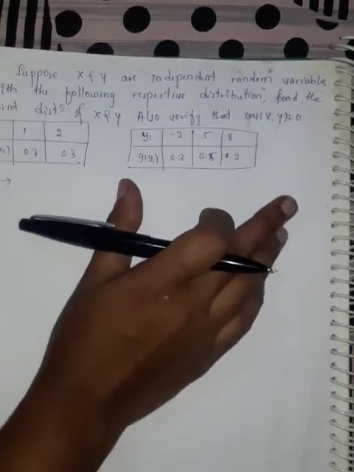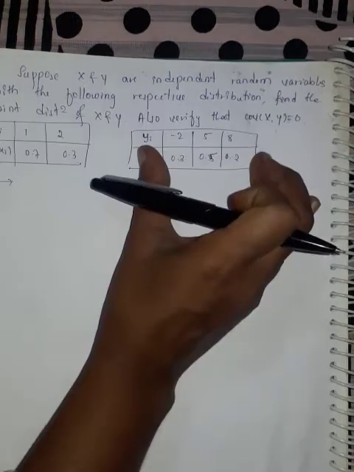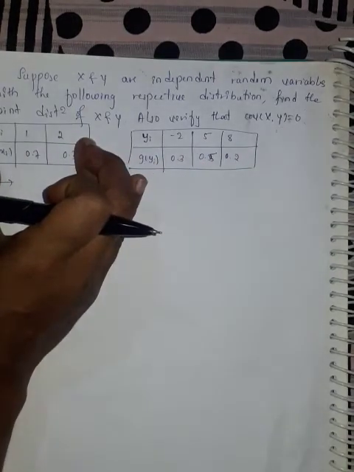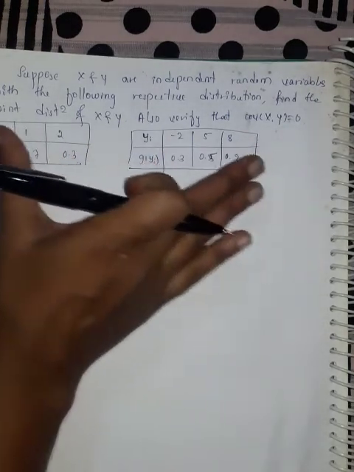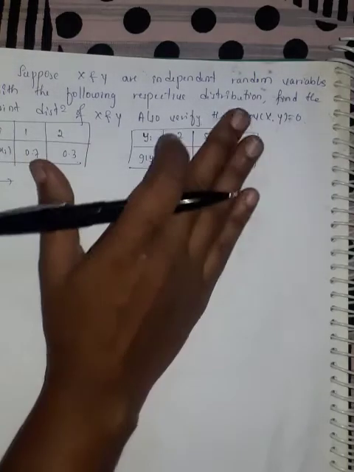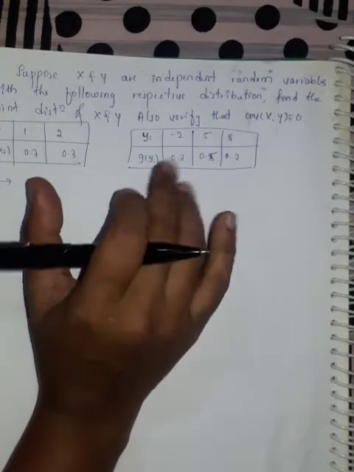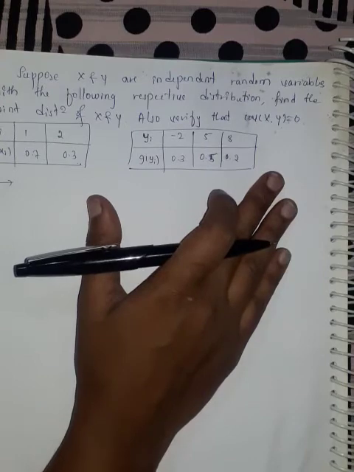In the data they gave the marginal distribution of x and the marginal distribution of y. Using these two distributions, we have to find the joint probability distribution. That is, we have to construct a joint distribution table using these two marginal distributions. So let us see how to solve.